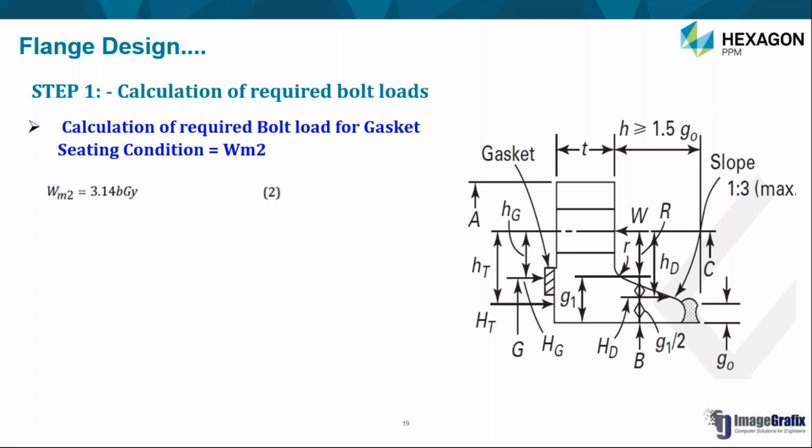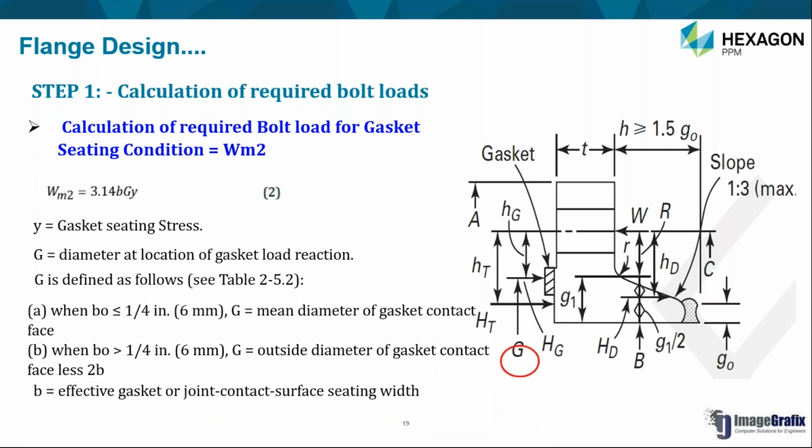So the bolt load is calculated by multiplying the seating stress with the area. The area of that gasket would be pi G multiplied by the width, that is pi G into b. So pi G into b into y gives us the gasket seating bolt load.